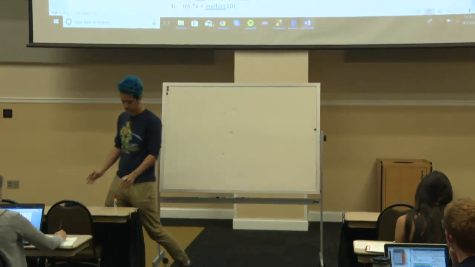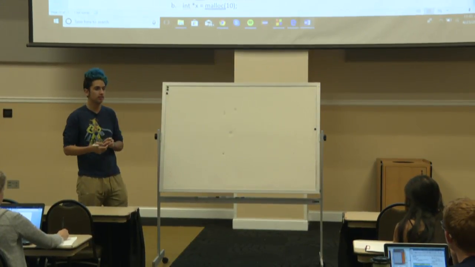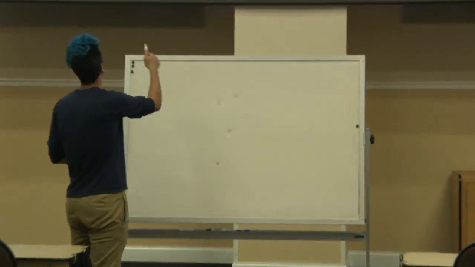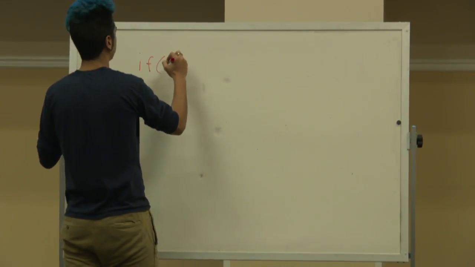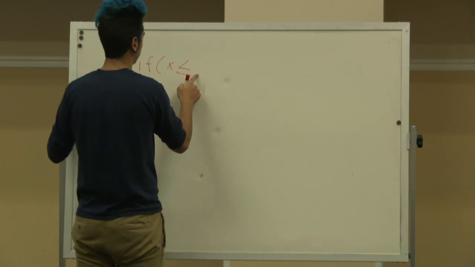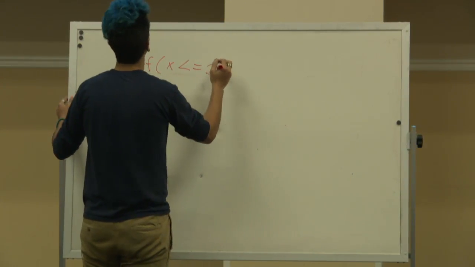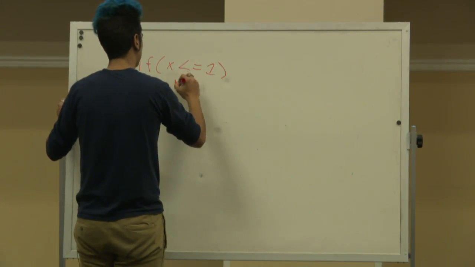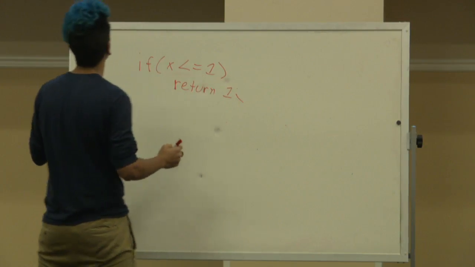The whole point of recursion is to have a function that calls on itself until you hit the base case. Our base case in this instance is if x is less than or equal to 1, return 1.